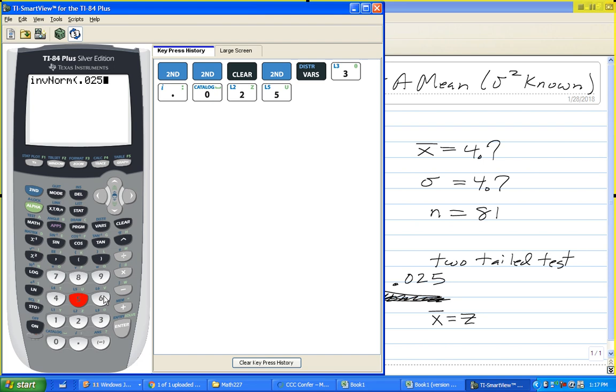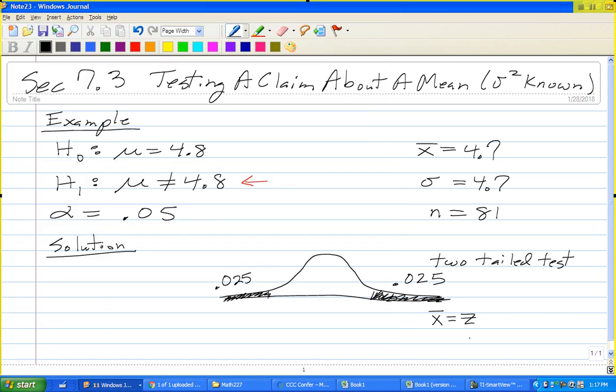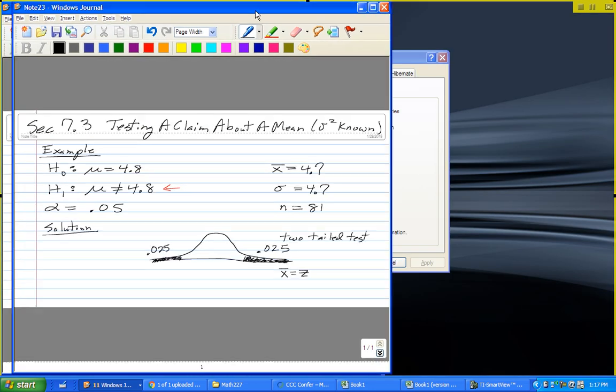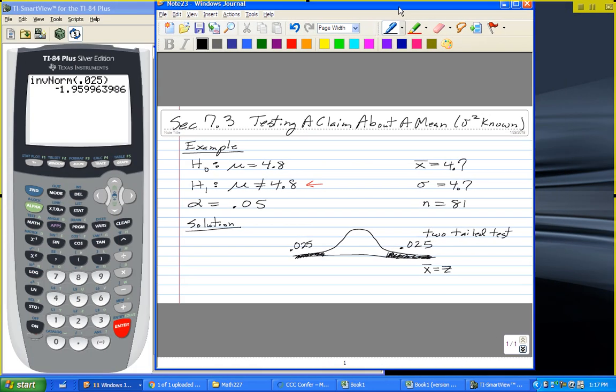That will give me one end, the negative, negative 1.959963986.